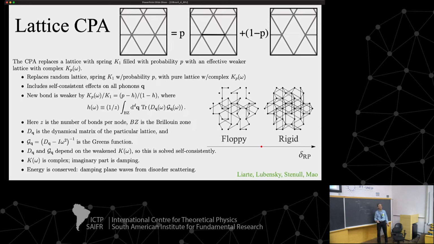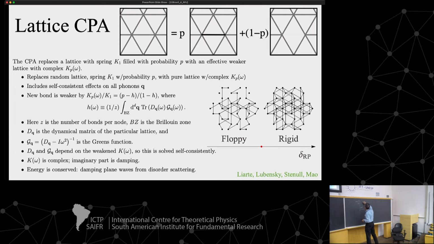You know that there's a certain number of bonds that if you dilute, it goes floppy. That's where the number of bonds is twice the number of atoms in 2 dimensions, okay? Except we're doing 3 dimensions, so it's 3 times.